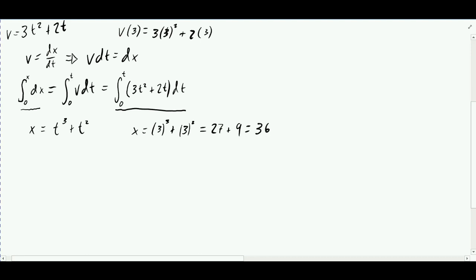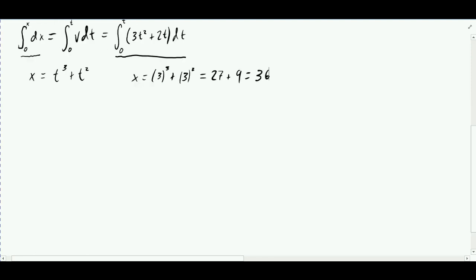Your position's just 36 units. Now, let's go to the next part. We have solved the equation for position. This is our position at t equals 3 seconds. We did that through integration, and we manipulated our equations.